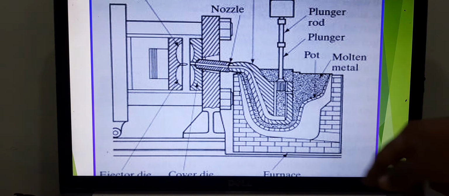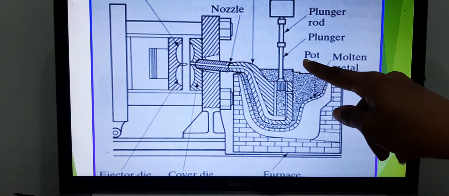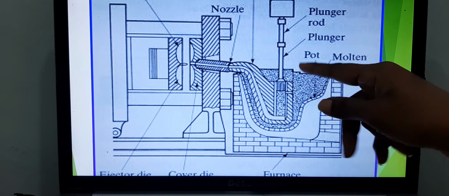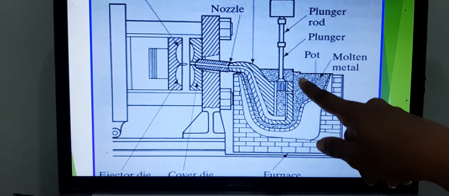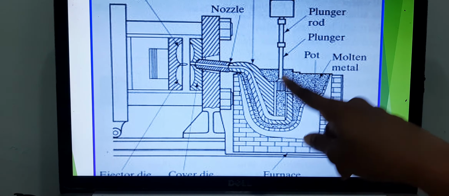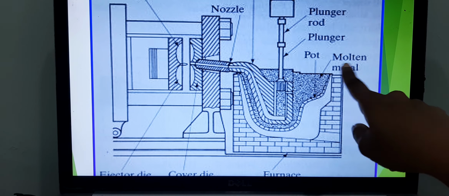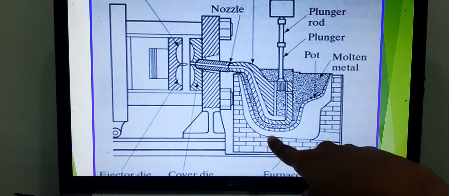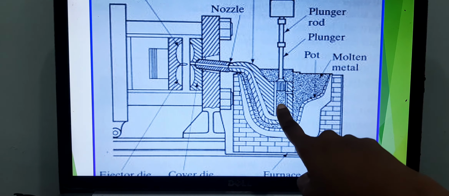Okay, so back to the topic, you have the injection cylinder or injection pressure. More specifically, we're going to use hydraulic pressure to push the liquid metal into the cavity. This is your liquid metal and this is the furnace where you have melted the metal. This is your injection cylinder.